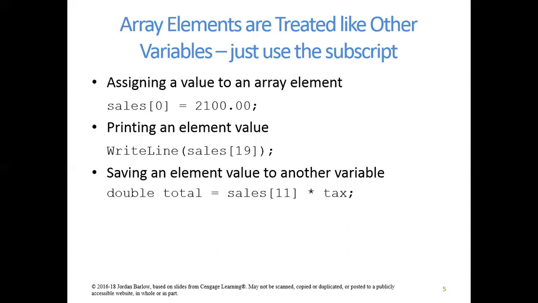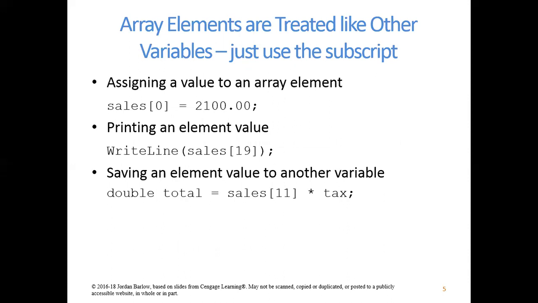Now, array elements you can treat just like any other variables. You can use them just like you've used variables in any of the other chapters that we've done. You just refer to them by the array name and then the subscript in square brackets. So to assign a value to an array element, you can see here the 0th element of sales, or in other words, the first element of sales, is assigned a value of 2100.